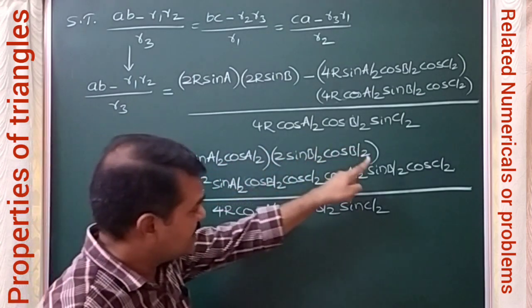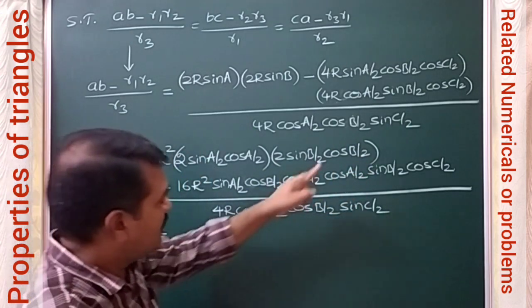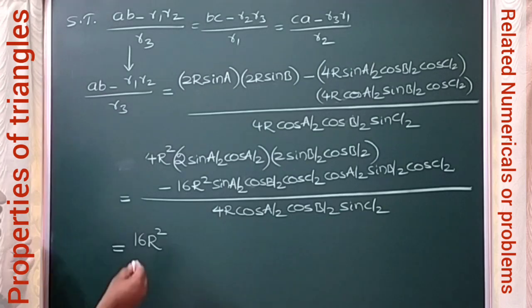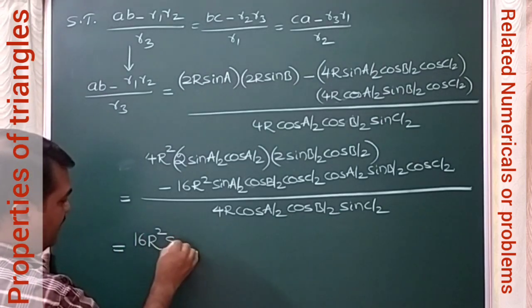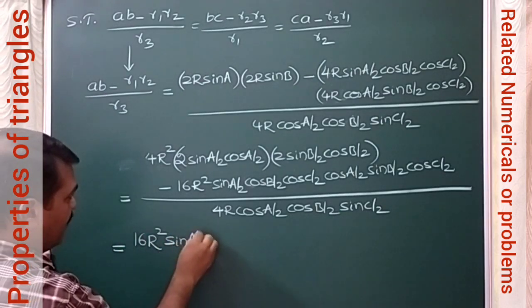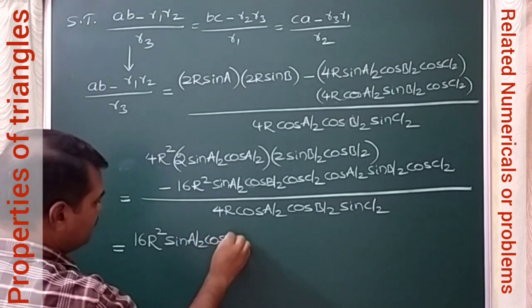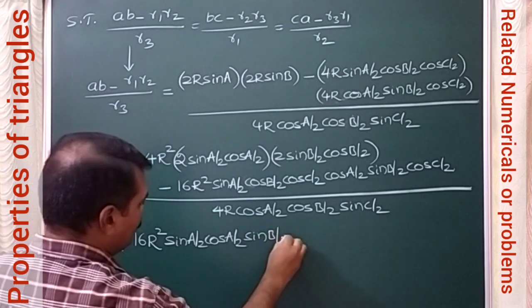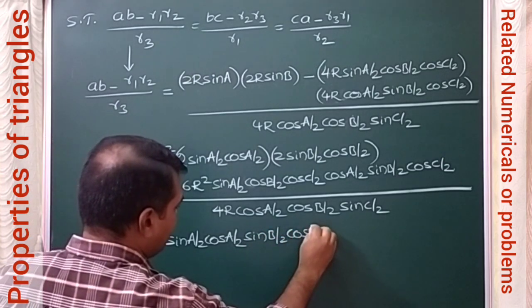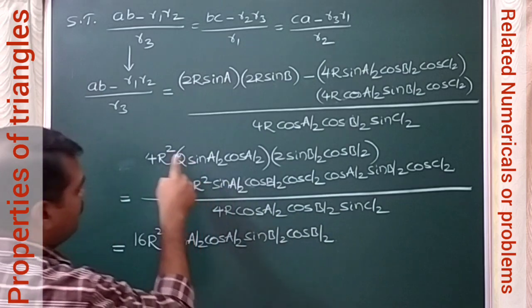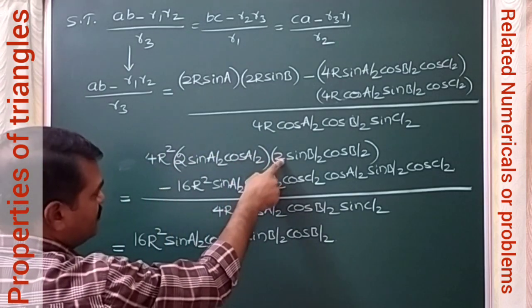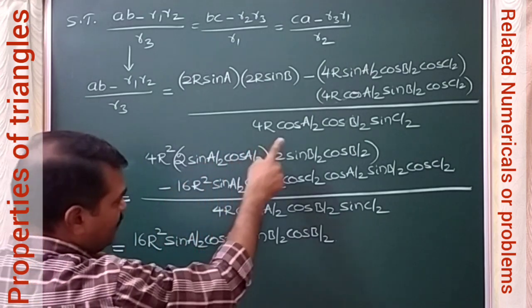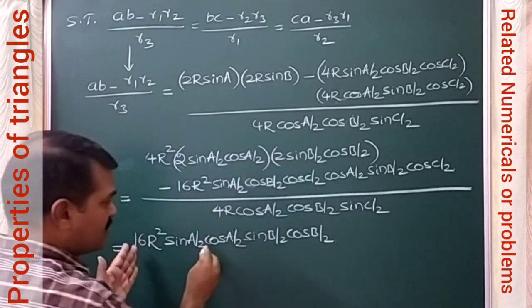Sin B by 2 present in both. Cos B by 2 present in both. So 16R square sin A by 2 cos A by 2 sin B by 2 cos B by 2 is common.